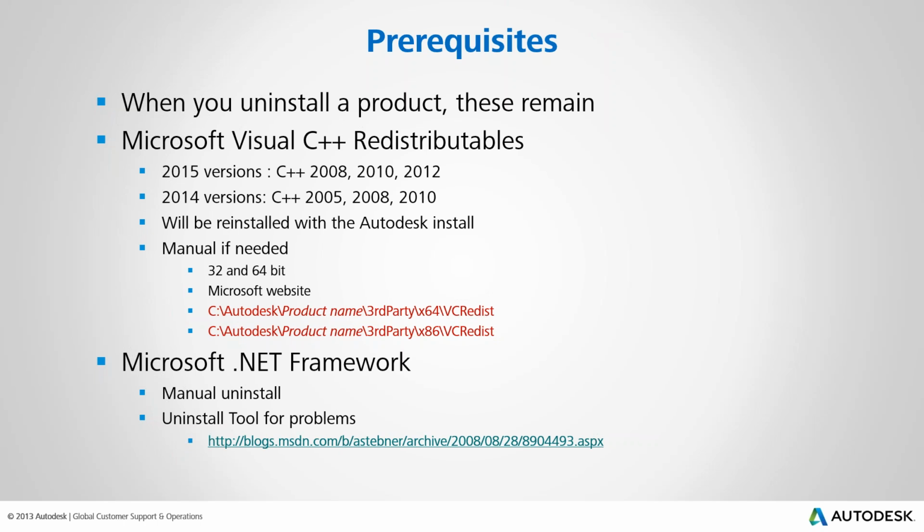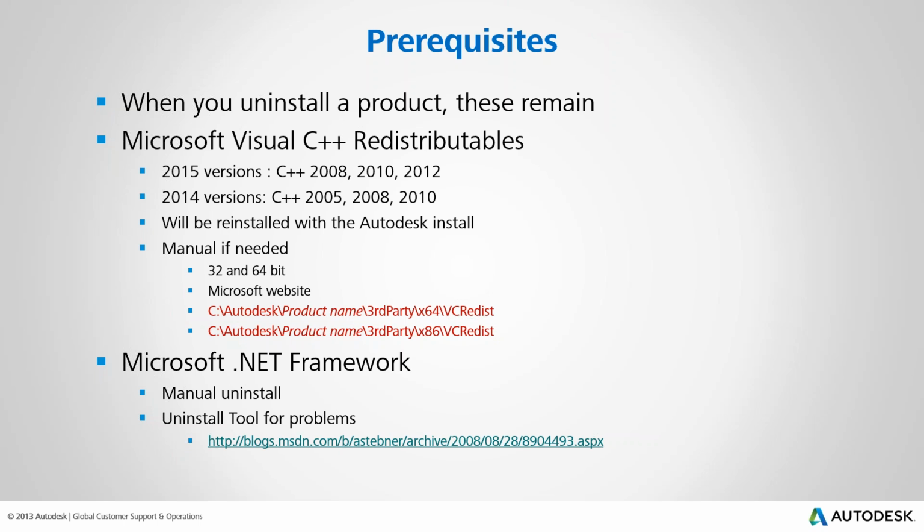So that has all the installers for the various versions of Visual C++ that are required for that particular product. So for 2015, it's going to require the 2008, 2010, and 2012 versions of Microsoft Visual C++. So all those installers for those versions come with each of the 2015 Autodesk products.